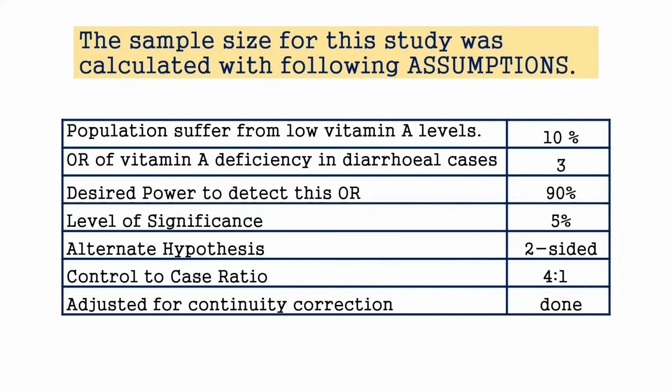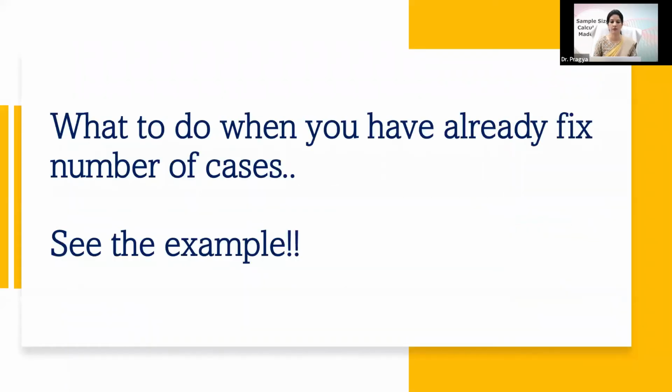And this is again 10% of the population suffering from low vitamin. Again, you see, we will not take how much is the coverage of vitamin A, because that will be good. The exposure you have to take is low vitamin or no vitamin. So that will be 10%. The odds ratio is 3, power is 90%. And in this case, control to case ratio is 4:1. So similarly, you can do this and you can check for that.